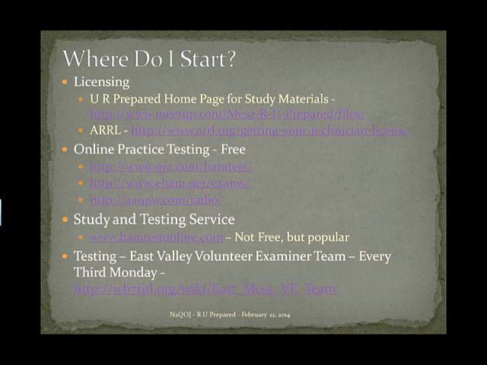There's information on where the testing is located and how often that's provided. Go to the ARRL website. Use the links that are on this slide, and you can find a vast amount of information to help you in your effort to learn more and get licensed. Online practice testing is free at these different locations noted here with these links.